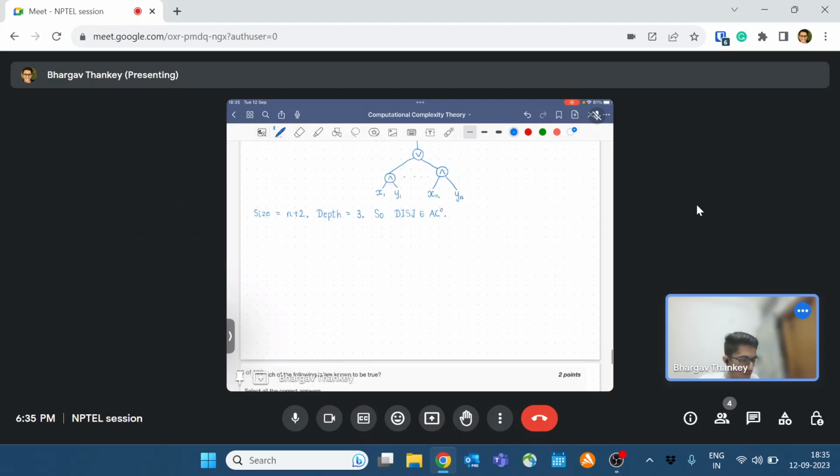Okay. So for NC0, what I'm going to claim is the following: a function in NC0 can only depend on constantly many variables. Let me write it first, then I can ask you.